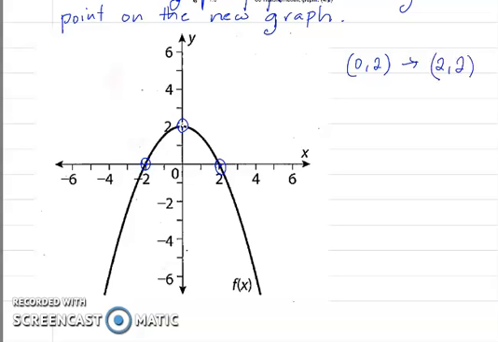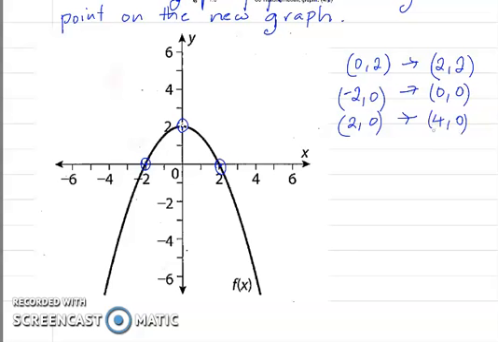In this instance, you're going to increase the x coordinate by 2, and the y coordinate remains the same. Minus 2, 0 is going to become 0, 0, and 2, 0 is going to become 4, 0.